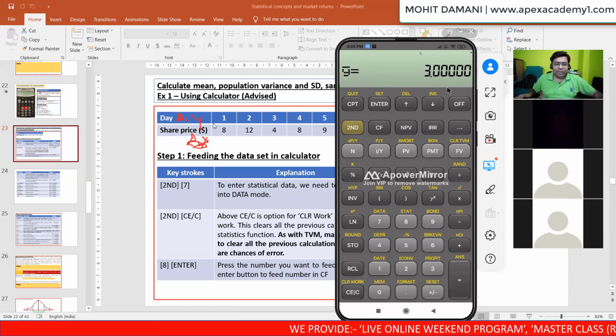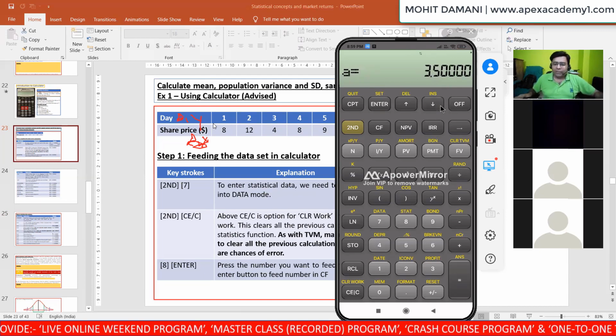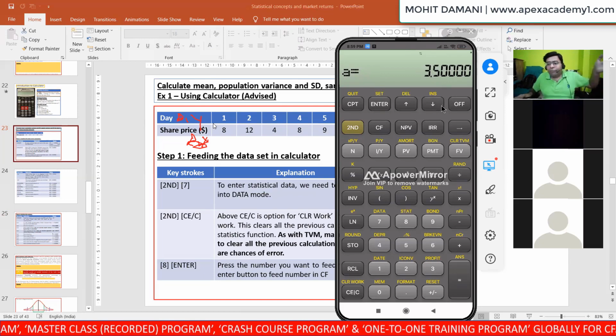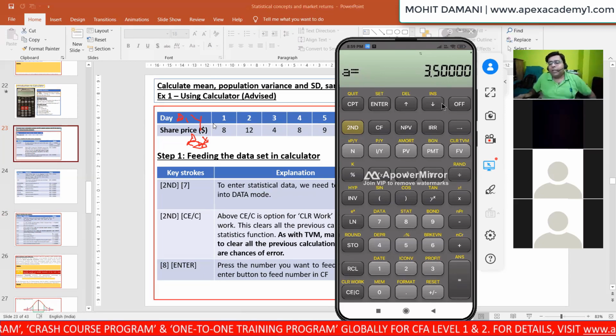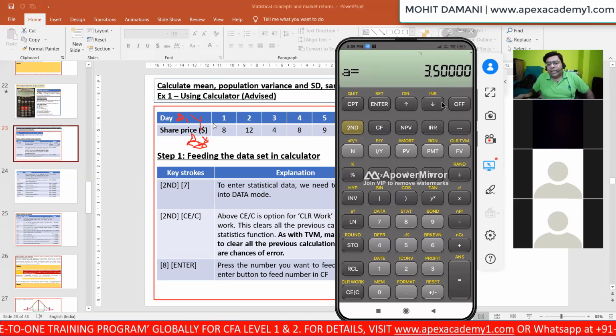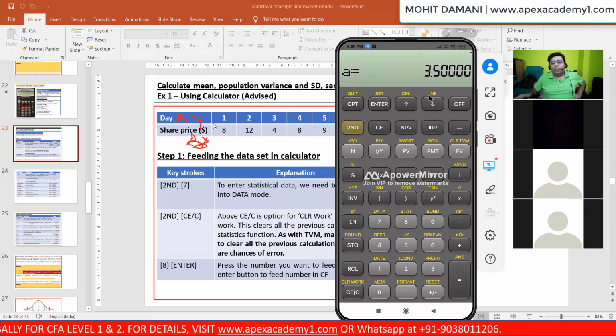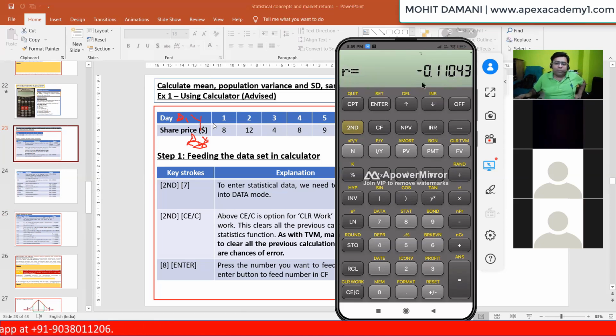Mean of y is 3, sample SD of y is this, population is this. A, that is, if we draw a straight line using these coordinates between x and y, then your intercept would be 3.5 while your slope will be negative, that is minus 0.06, and the correlation between the two will be minus 0.11. This is how the data is calculated.